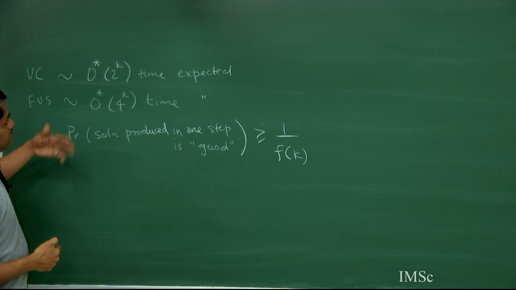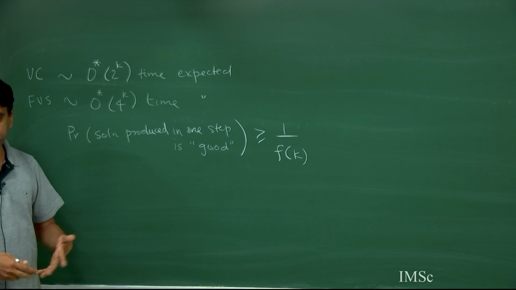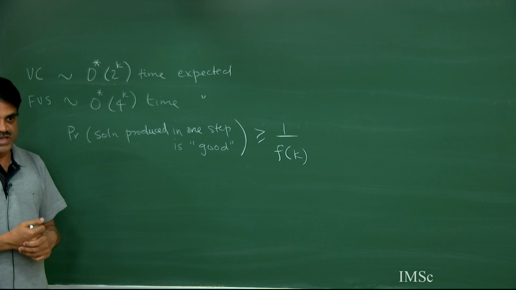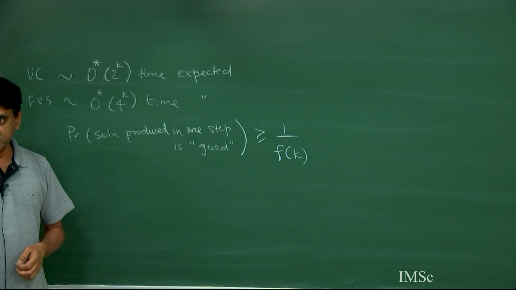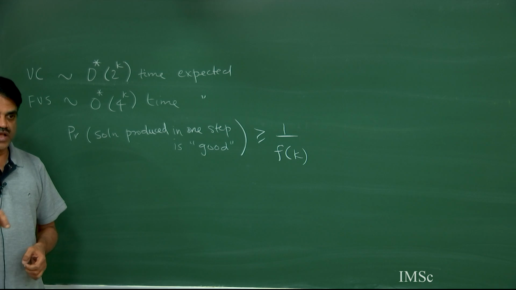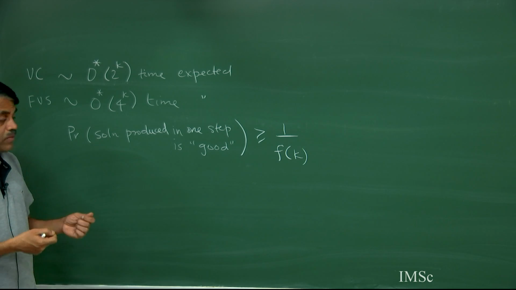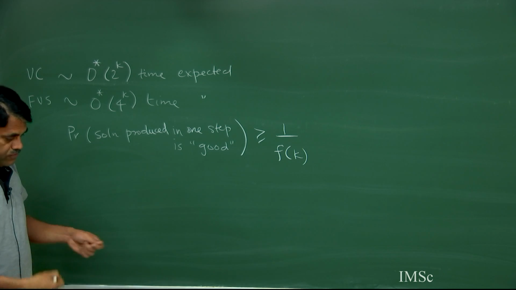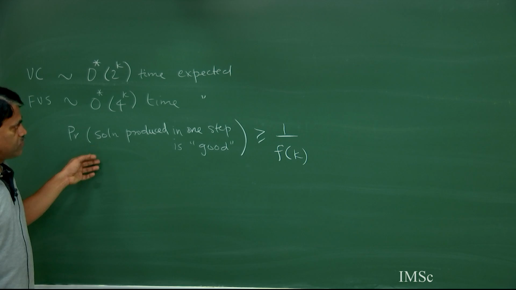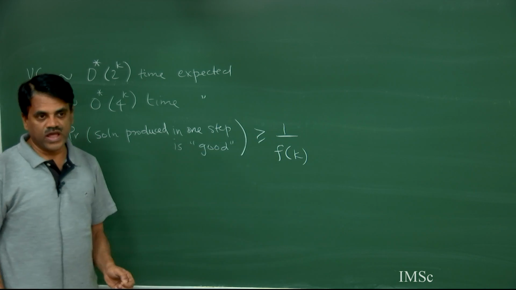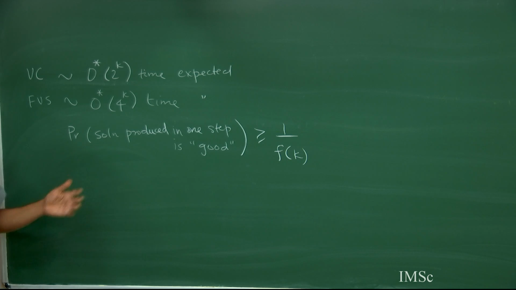In the case of feedback vertex set, we needed to do some pre-processing. We made sure the minimum degree is 3. Then we picked a random edge and then a random endpoint of that edge. And we kept doing this for k steps, with probability at least 1 over 4 power k, that solution produced after these k steps is the same as whatever FVS of size k you have.